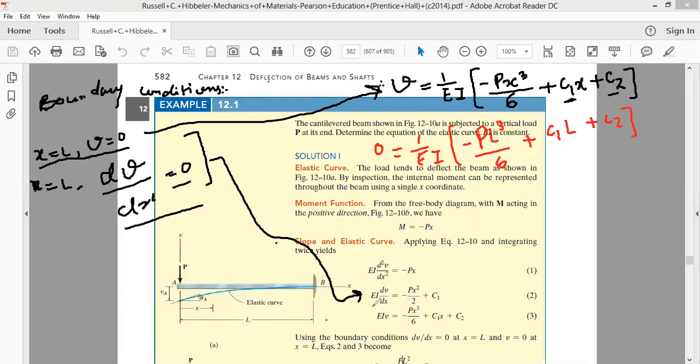The second equation we will obtain when we substitute dν/dx is equal to 0 at x is equal to L. We obtain dν/dx is equal to 0.